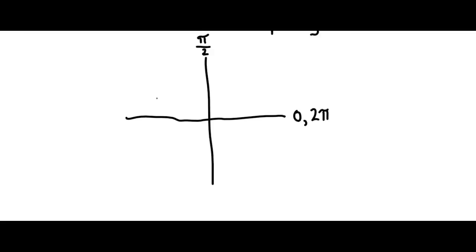Now we look at our negative x-axis. Now we've got essentially a straight line. That's going to be pi radians. It's a half a circle. And then if we go from here to the negative y-axis, we have 3 pi over 2. That's 3/4 of a circle.